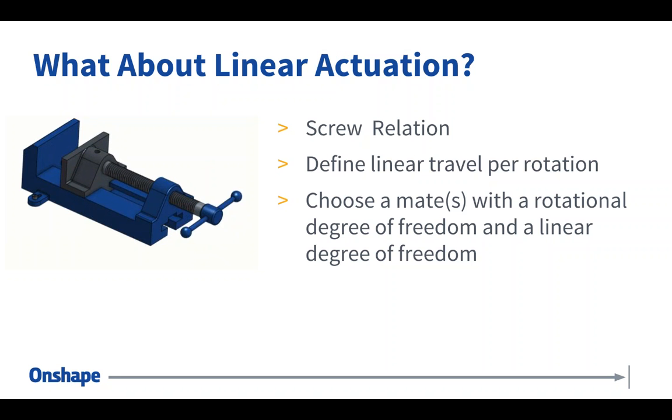That is a screw relation in Onshape. And the key there is you're defining linear travel. How much linear travel do you want per rotation of a certain mate? And so what you're doing is you're choosing either a single mate or multiple mates to define your rotation and your linear degree of freedom. And I'll show you an example of this, very simple to do.